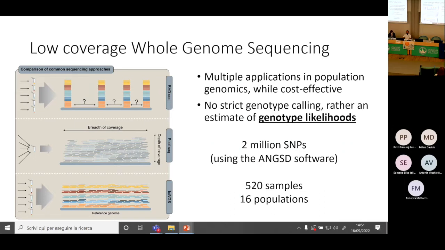But still, at the population level, we can put all this information together and it still yields a lot of information, because we go from RADseq, for example, that focuses on small parts of the genome, to low coverage whole genome sequencing that covers much more of the genome.